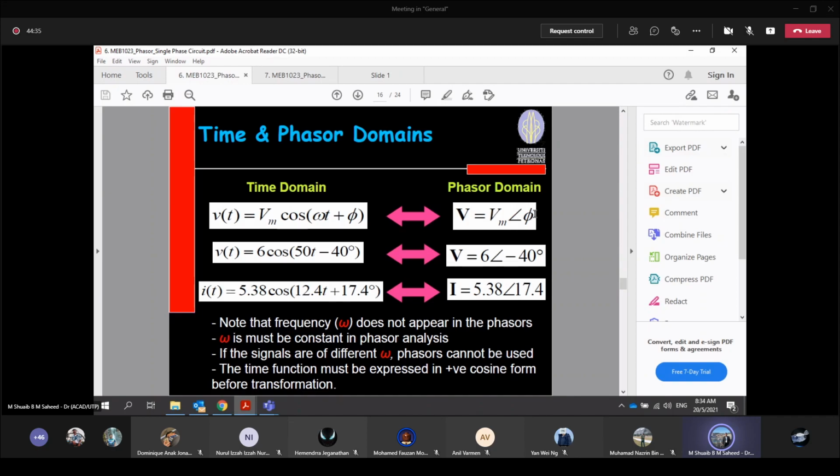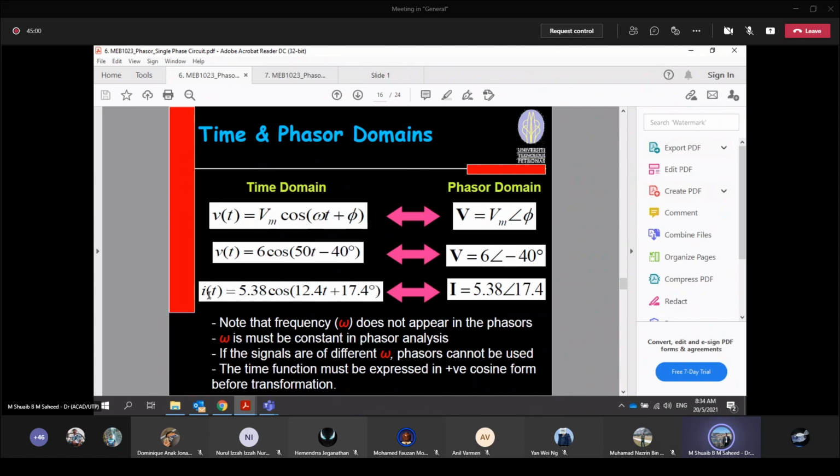That's it. Example: v(t) equals 6 cos(50t minus 40 degrees). So the phasor representation will be V equals 6 angle negative 40. That's it. Check the negative as well. It shows that it is starting after 40 degrees.